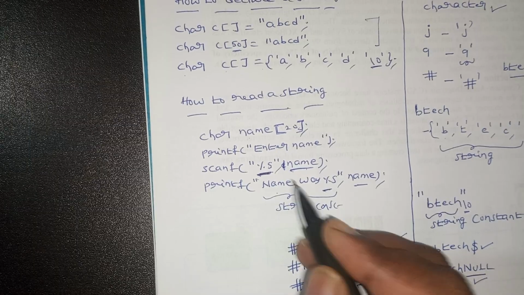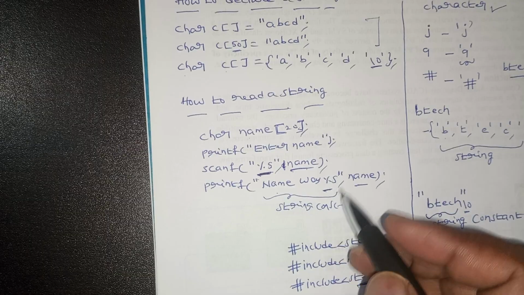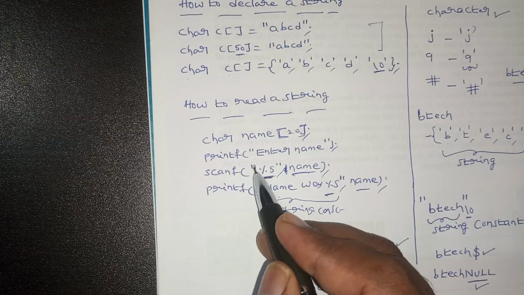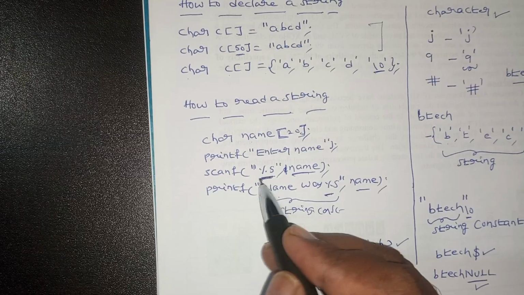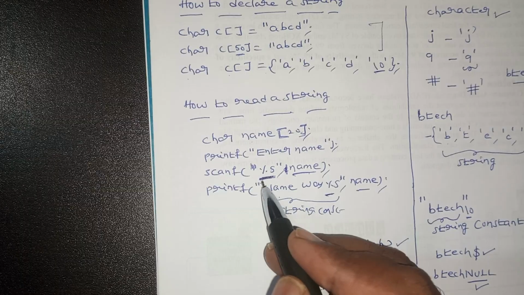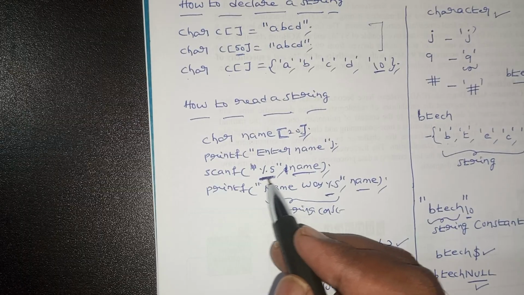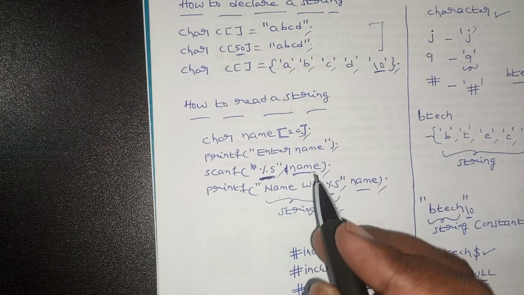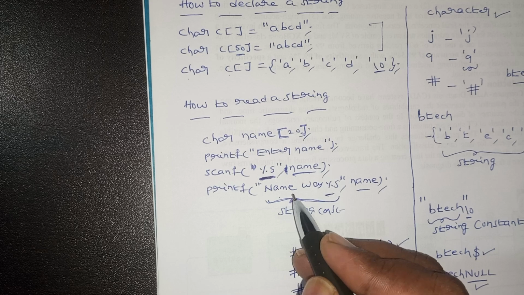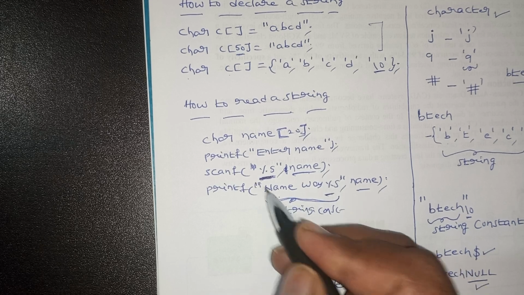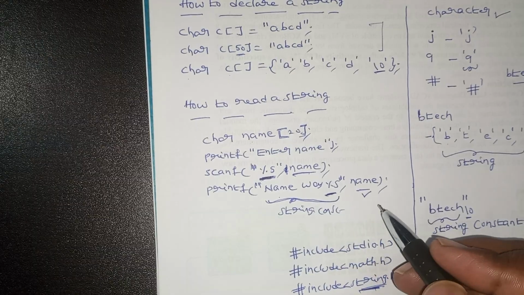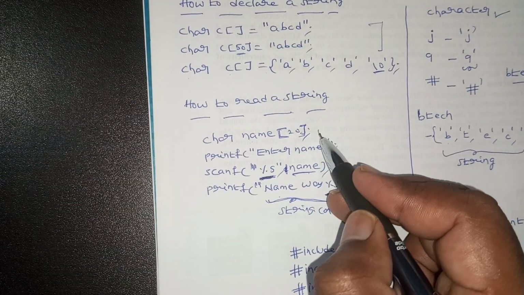Because I am writing it in double quotes. But according to the concept, this is the format specifier, nothing but %s. Whatever name or message you give here, in the double quotes you can write anything, but %s is name, because I have to print the name stored in the array variable.